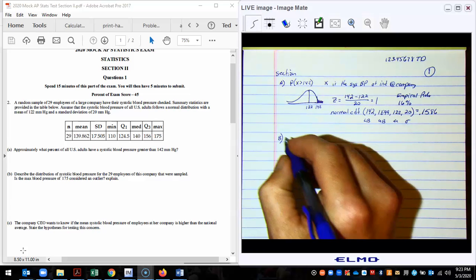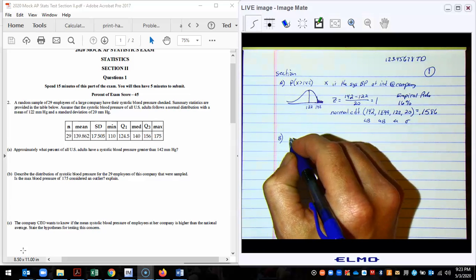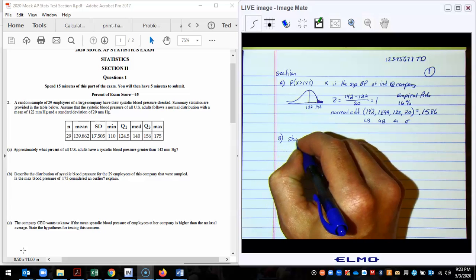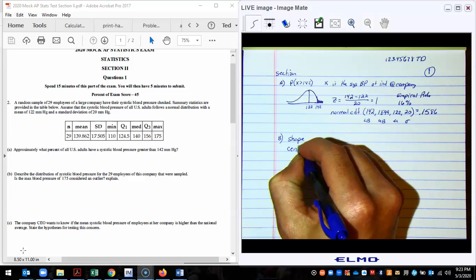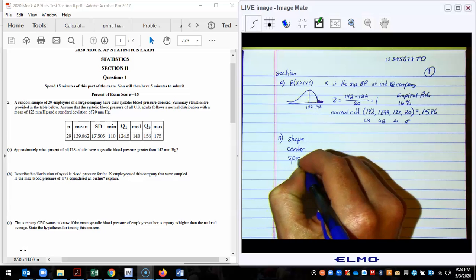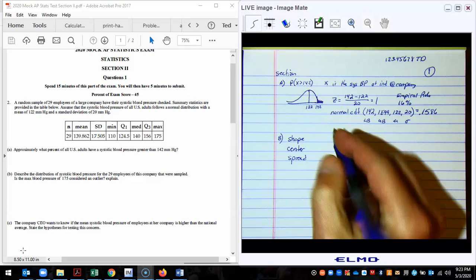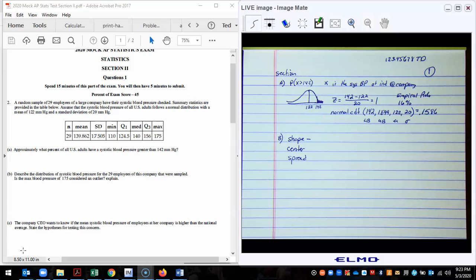Anyway, describe the distribution. So remember, when we describe a distribution, we're looking for shape, center, and spread. Those are the 3 things that we have to address there. Your shape: we have a sample. This is where we're talking about the mean blood pressure. With a mean, when we're talking about shape, it's approximately normal if my sample size is greater than 30.